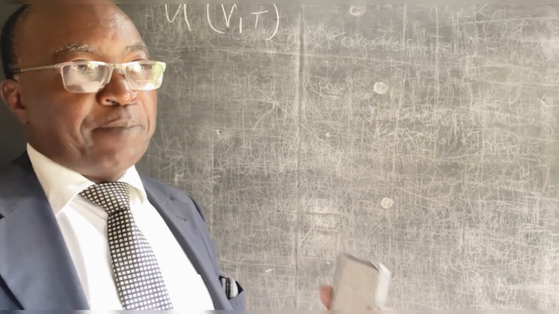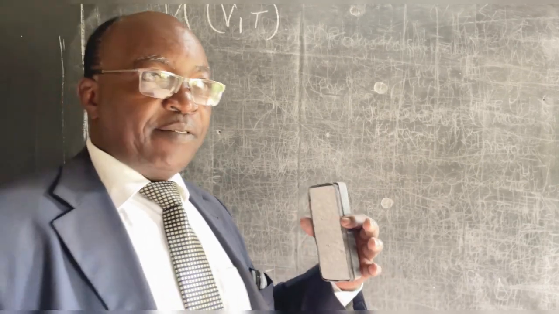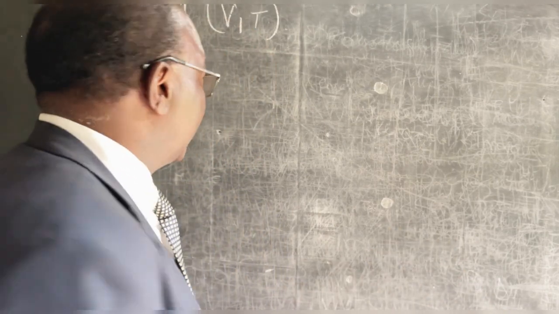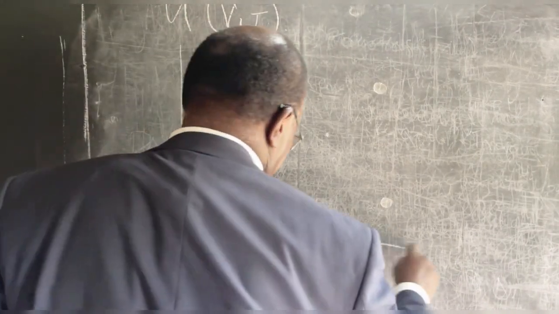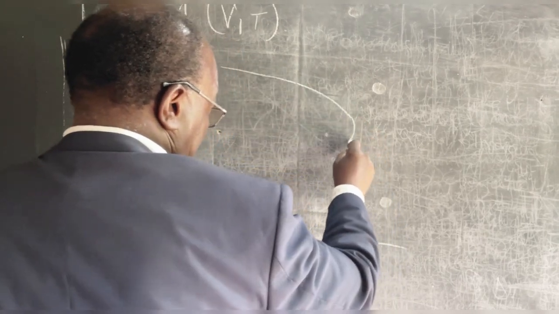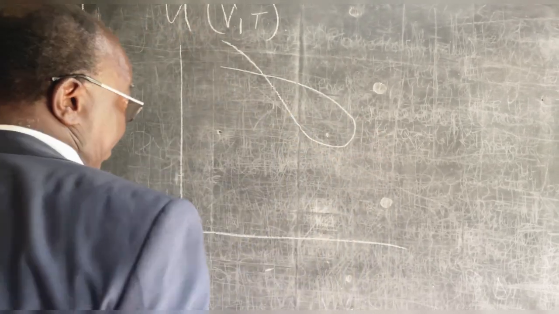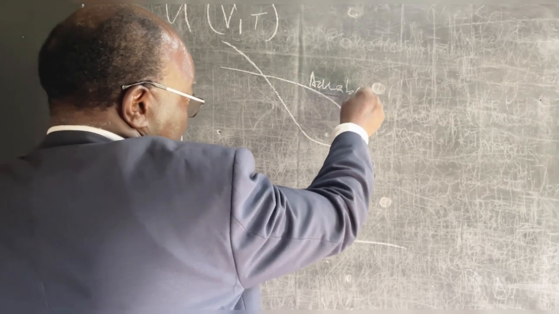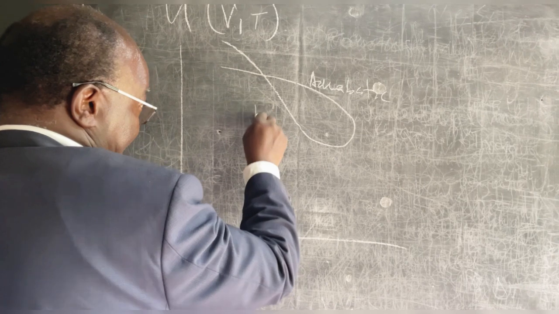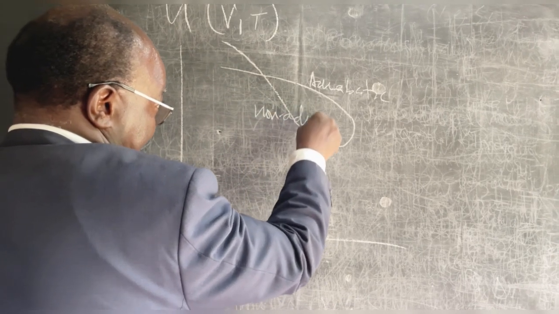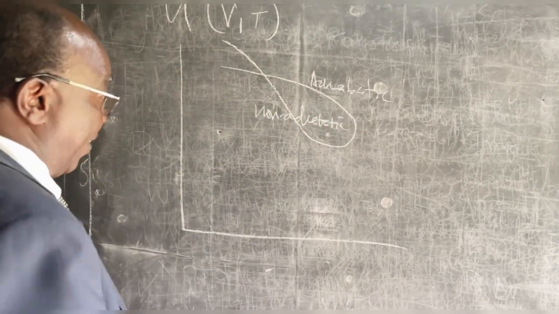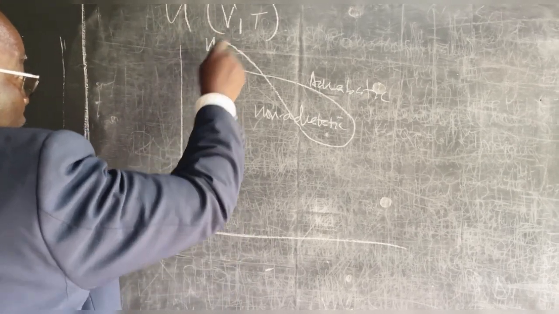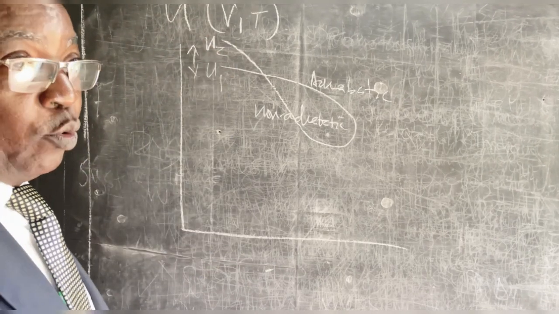In other words, it depends on the initial and final states of the system, not on the path of the process. And this can be illustrated diagrammatically. For example, if this path was adiabatic, and this is a non-adiabatic path where heat is allowed to the system, then if U was not a state function, you would have expected that if we started at point 1, we'd end up at point 2, where U2 is not equal to U1.